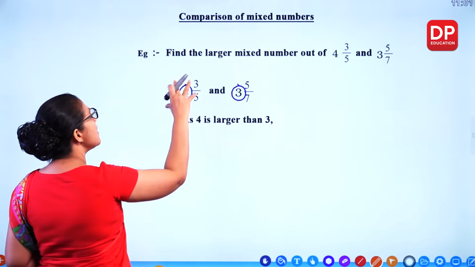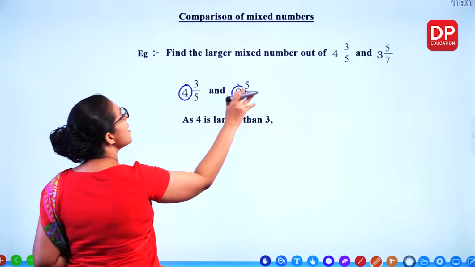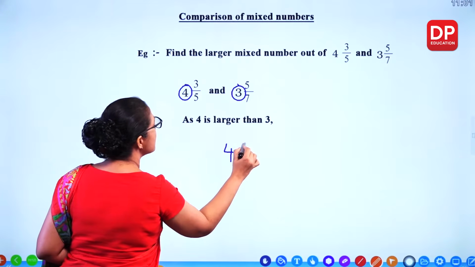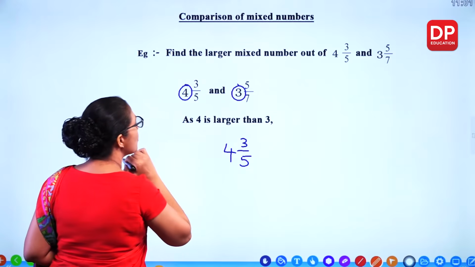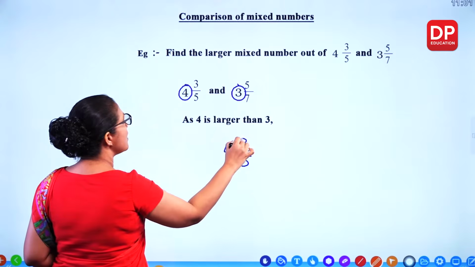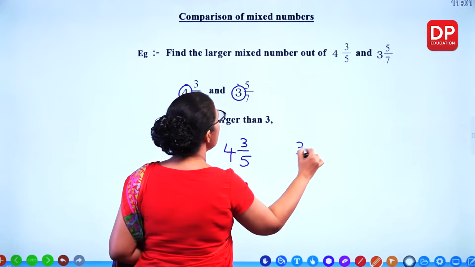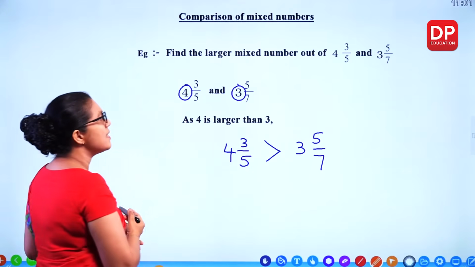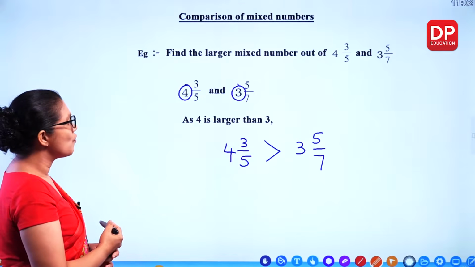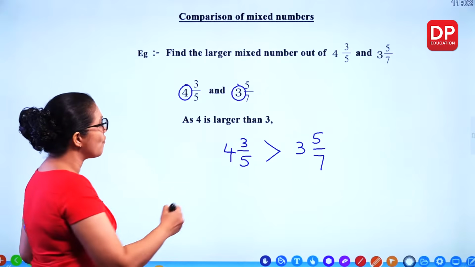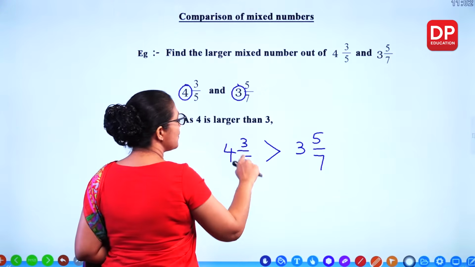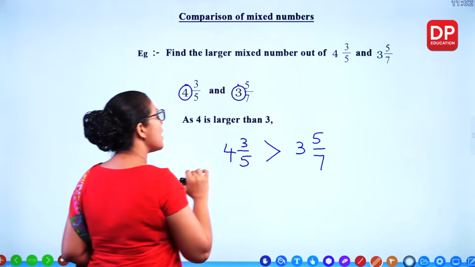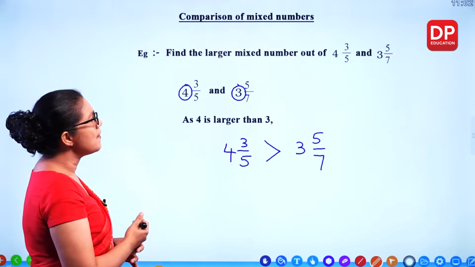So that means this mixed number is greater than the other one. So when you compare 4 and 3/5 and 3 5/7, we can see this is greater. So 4 and 3/5 is bigger than, larger than 3 and 5/7.